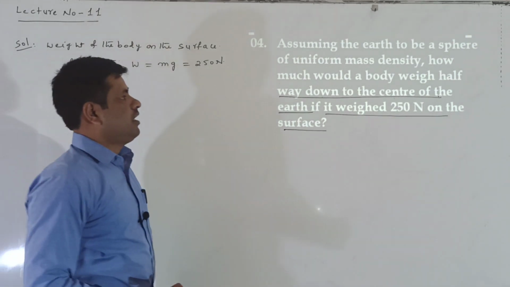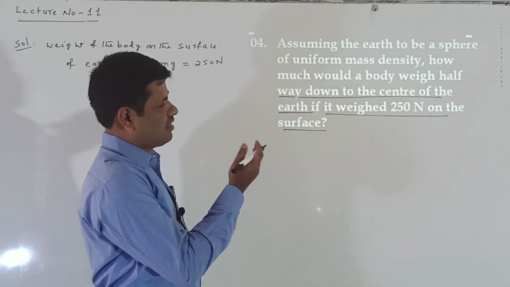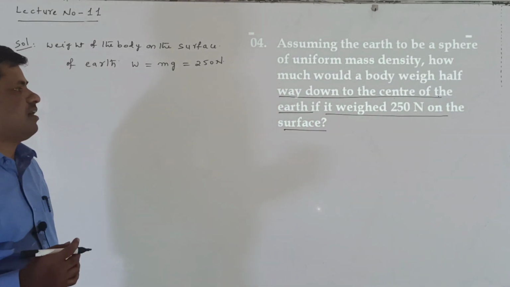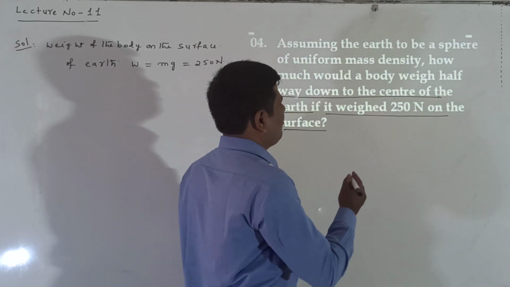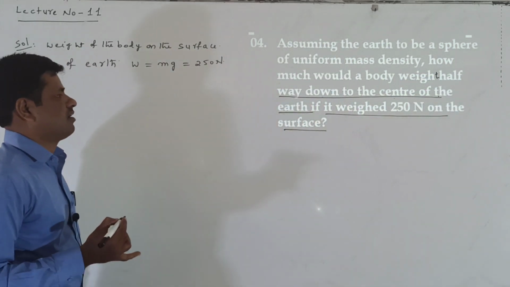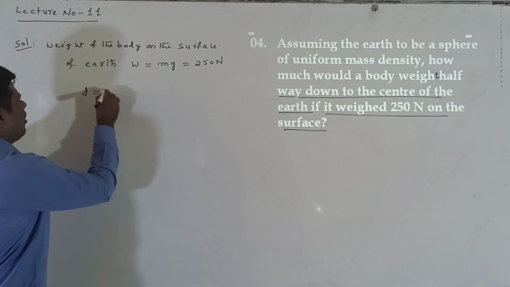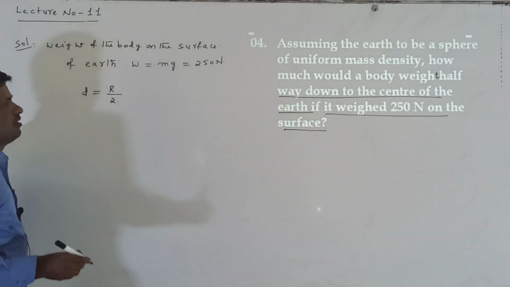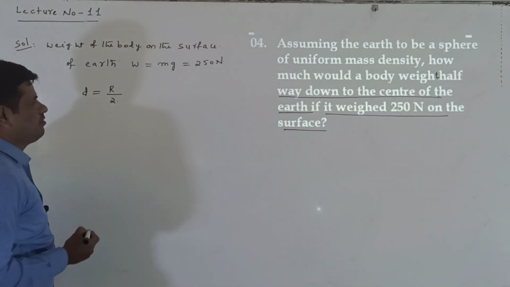But here they are asking the weight halfway down to the center of the earth. Halfway down means the depth is equal to half of the radius. D is equal to r by 2.